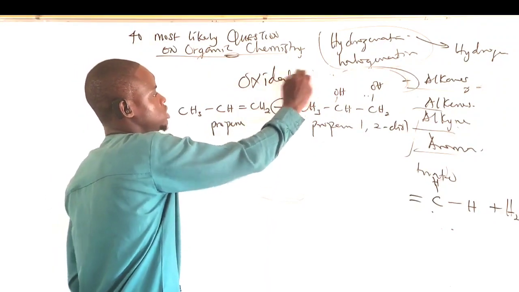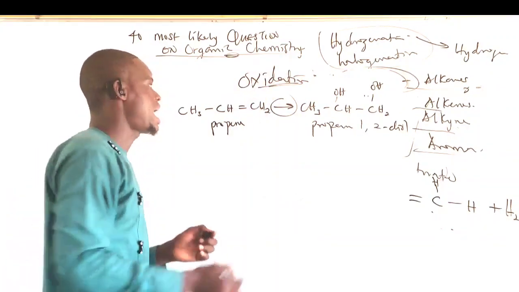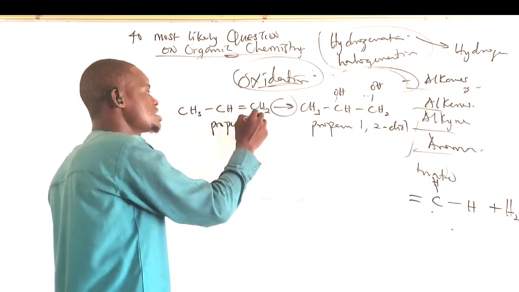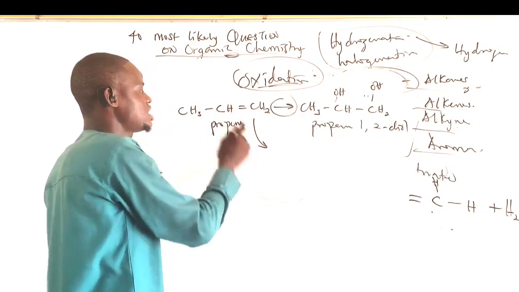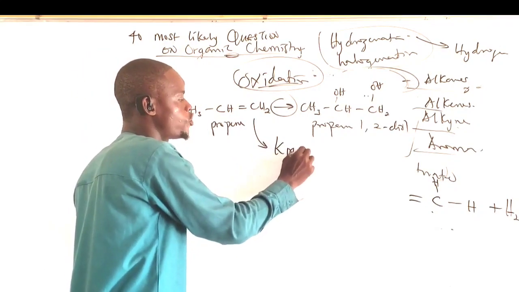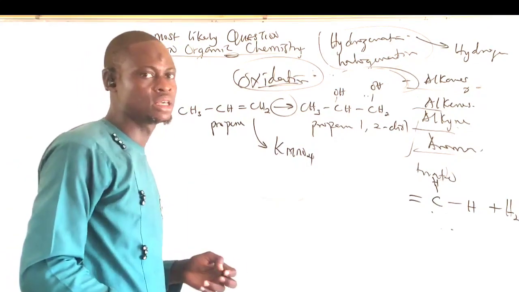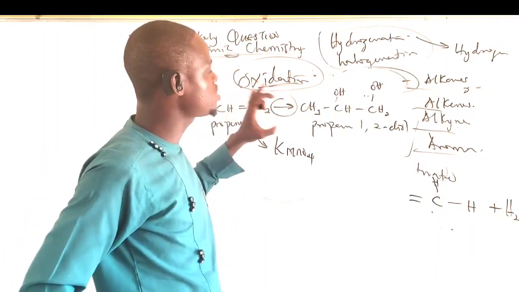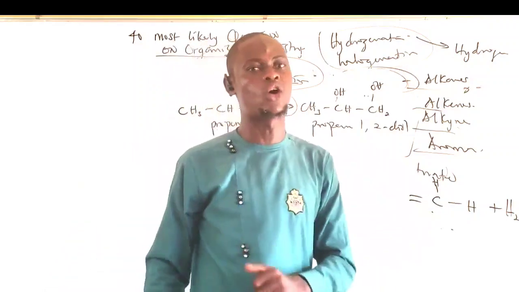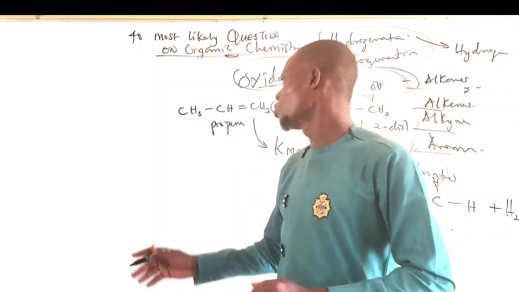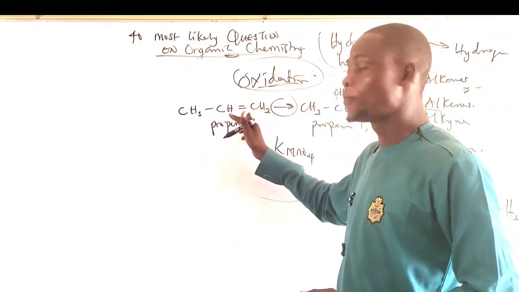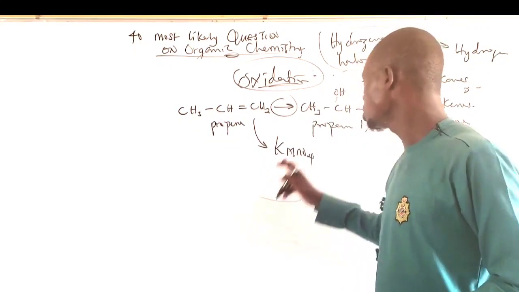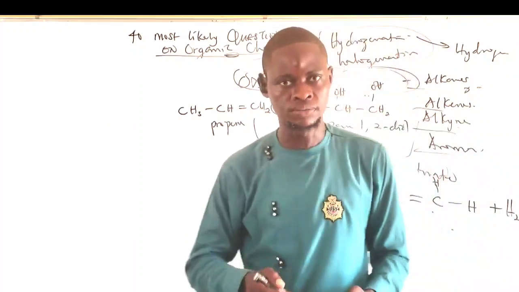Oxidation of ethene, this is ethene here, double bond, is always done by addition of KMnO4, that is potassium permanganate. The complete reaction gives rise to propan 1,2-diol. Are you getting it? This is propene, not ethene. Now if propene is being oxidized, it is oxidized to propan 1,2-diol.